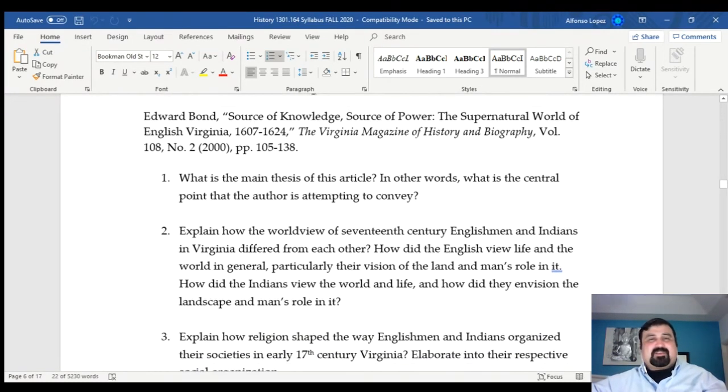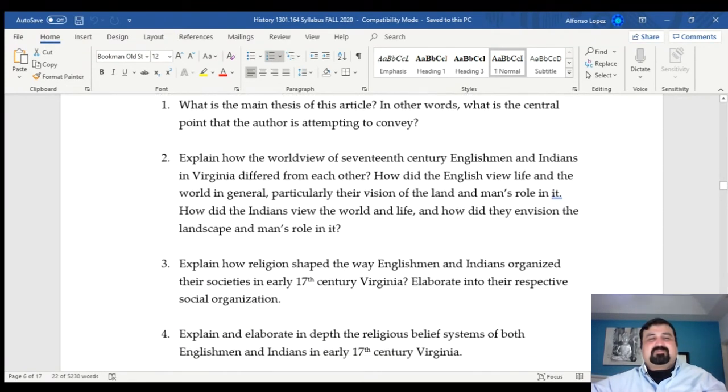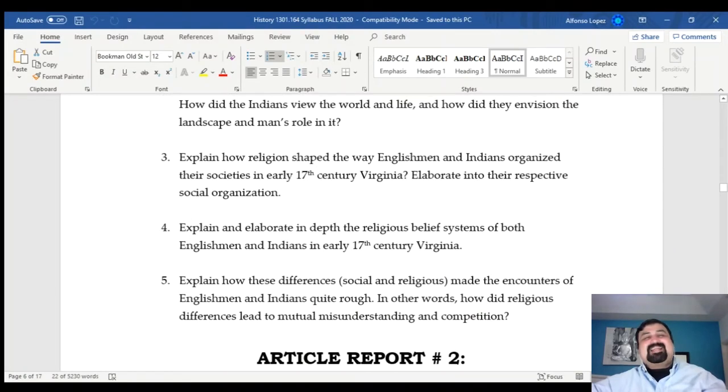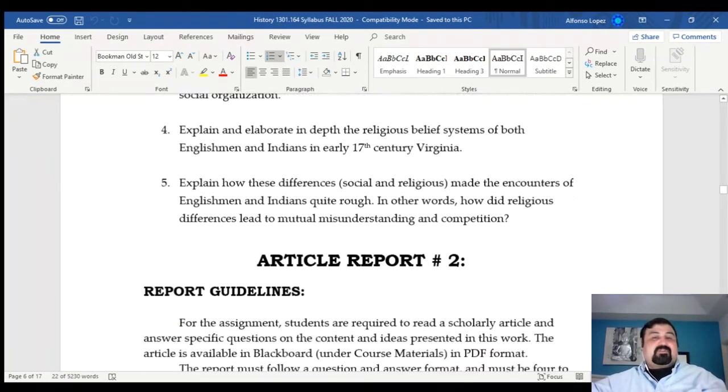You can see there are 5 questions that need to be answered quite thoroughly. This report is just a report. All you do is read the article, answer the questions, and turn it in at the end of the semester. This is 15% of the final grade.